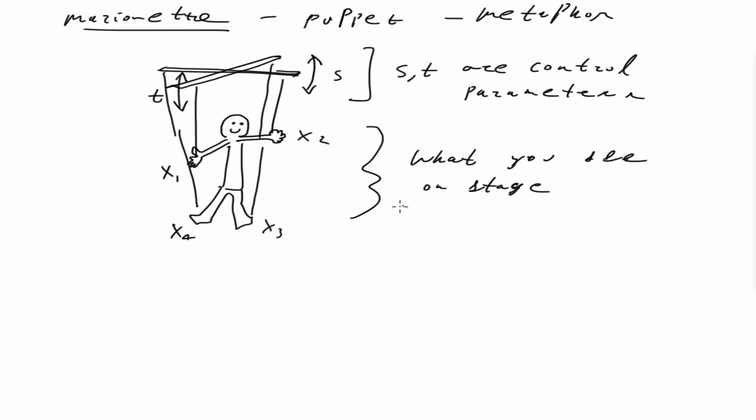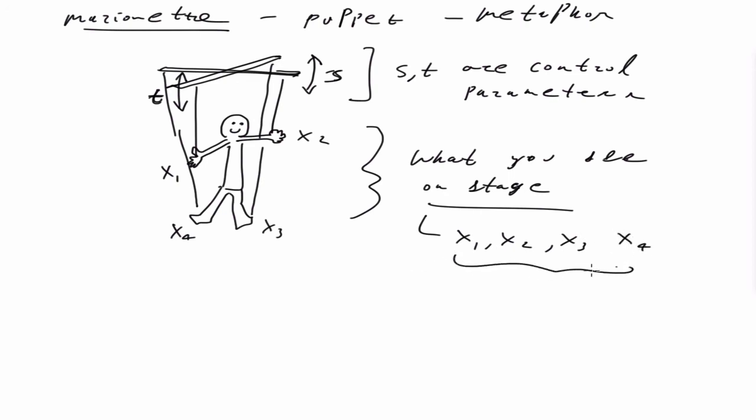The puppet will move up and down. Its limbs will move in all sorts of ways, but there are only two variables that control this thing. And what you see on stage is x1, x2, x3, and x4. Those are what we call the observed variables.